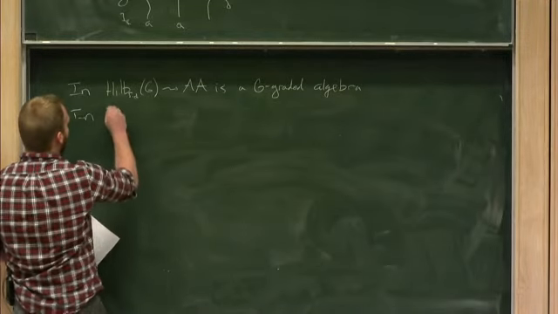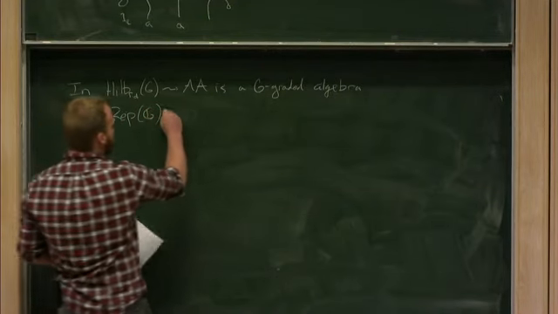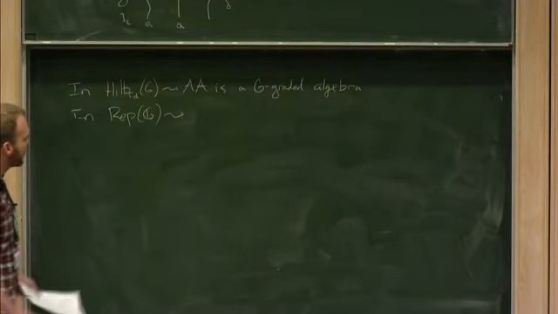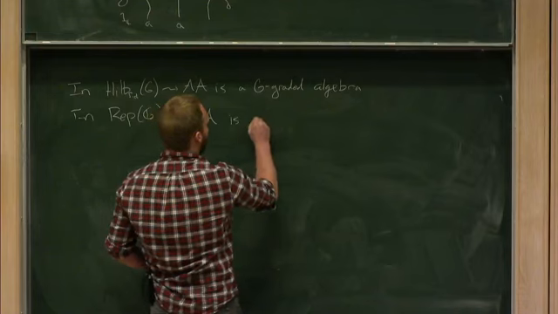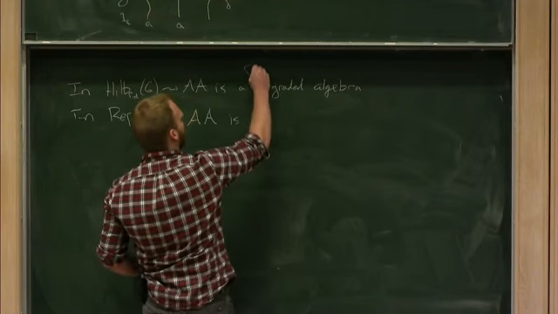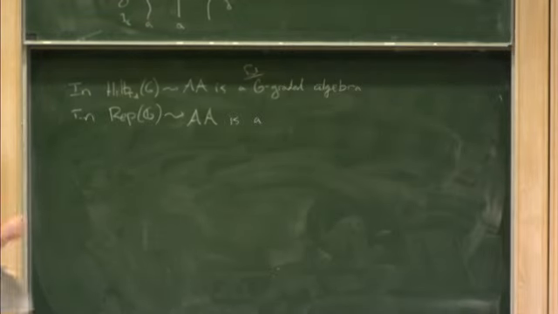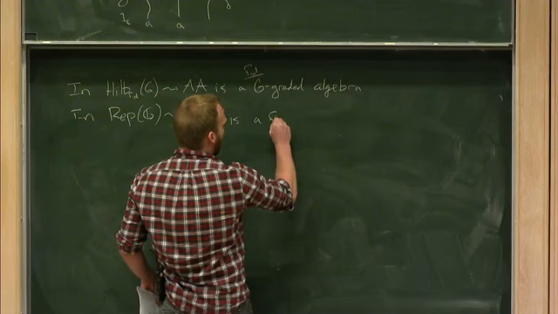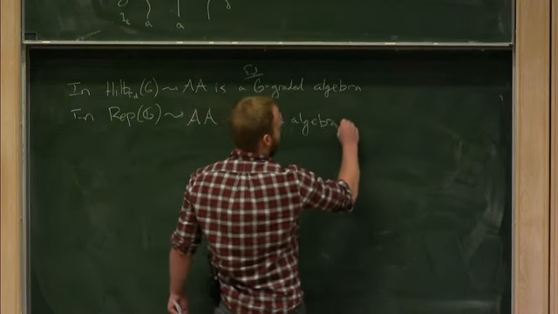In Rep G, and here we'll just think of G as a compact group instead of a quantum group, although this actually makes sense more generally, an associative algebra is, and this should be finite dimensional, right? Sorry, because we're in finite dimensional land, a finite dimensional algebra where G acts by automorphisms.